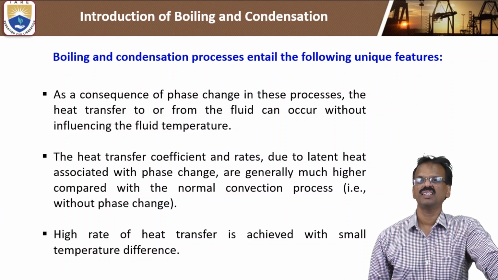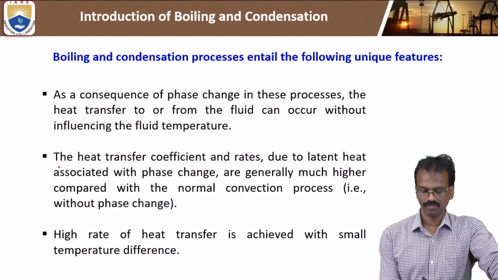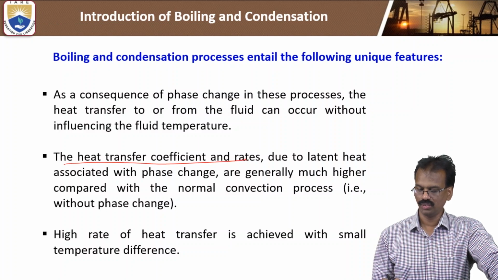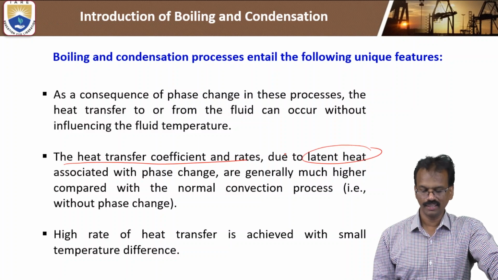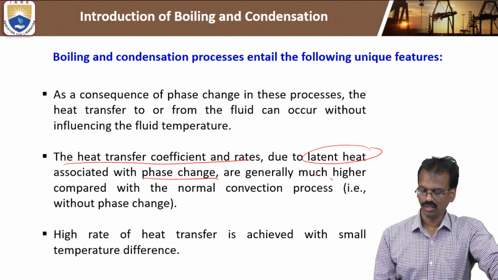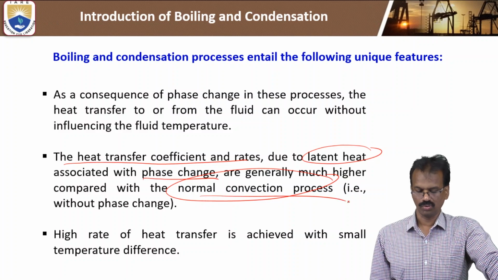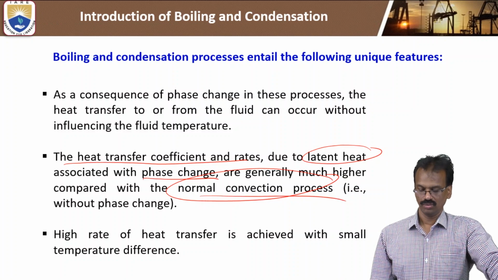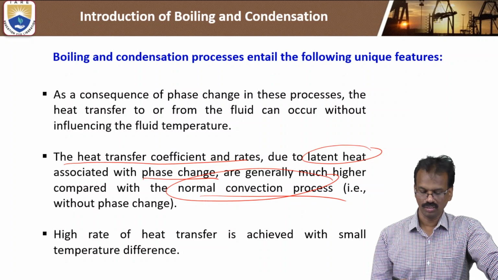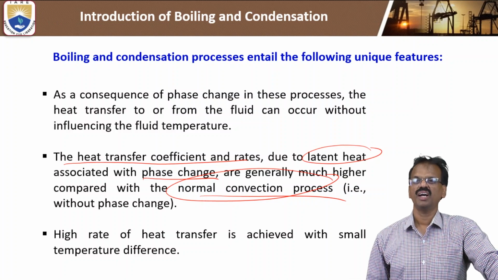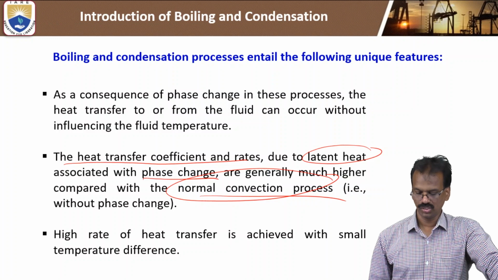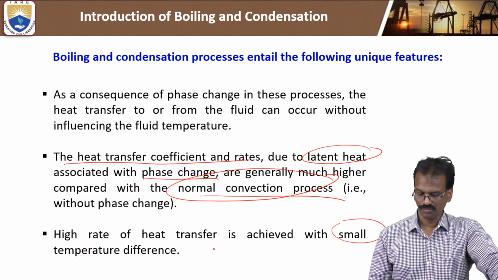So next one is the heat transfer coefficient and rates. The heat transfer coefficient and rates due to latent heat associated with the phase change are generally much higher compared to normal convection processes, we know, without phase change. So here we can observe this one also. Next, a high rate of heat transfer is achieved with a small temperature difference.